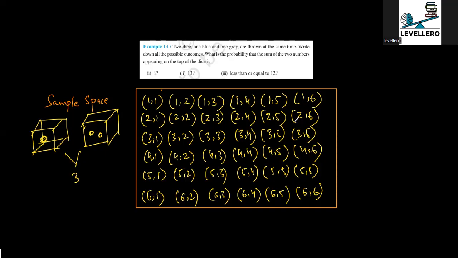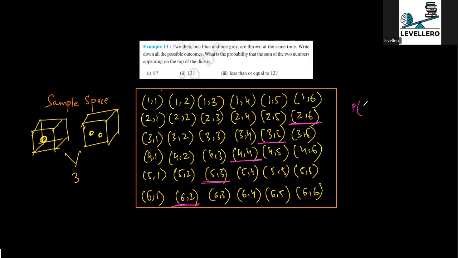We have one over here, another one here, 4 and 4, 5 and 3, 6 and 2. You can cross check your answer one more time. So the number of favorable events we have here is 1, 2, 3, 4, and 5.